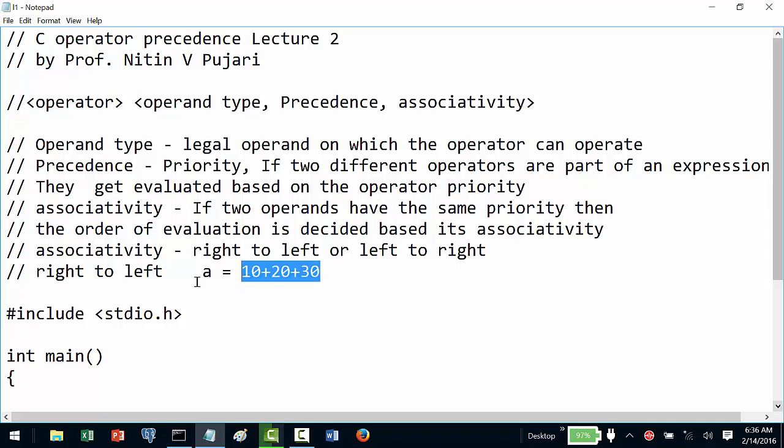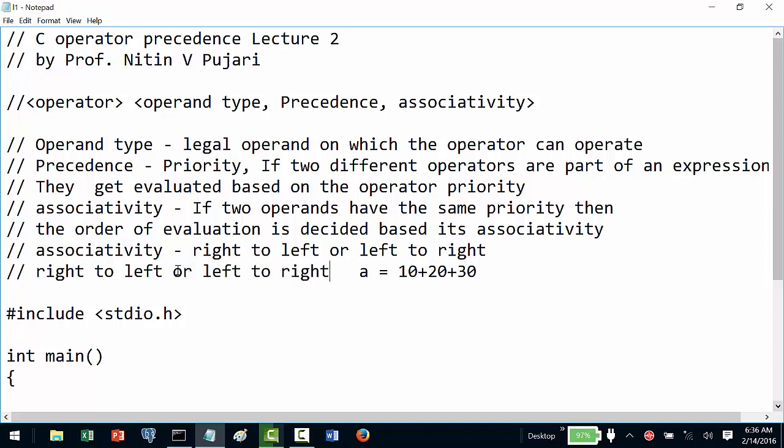The evaluation will now depend on the priority of equal to and plus, whichever has higher priority gets evaluated first. So this is the meaning of left to right or right to left.